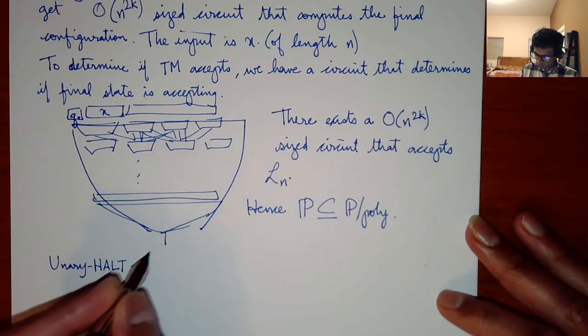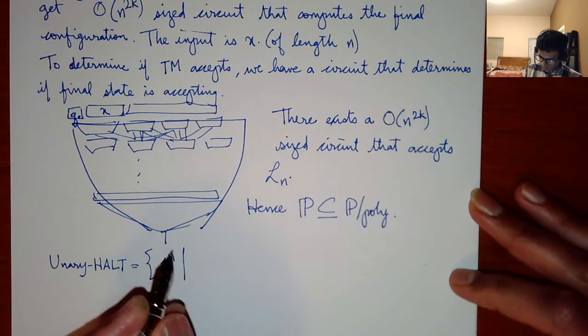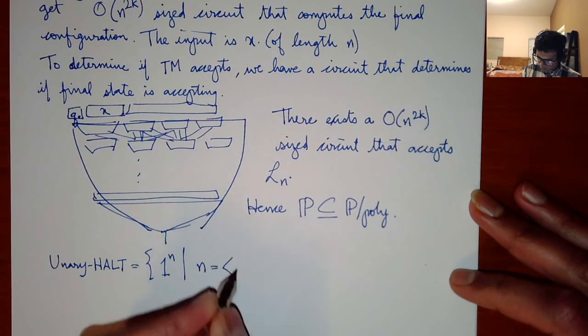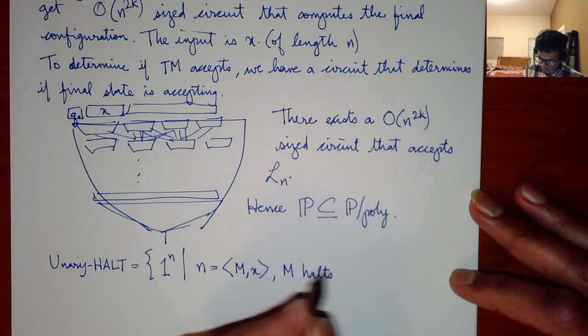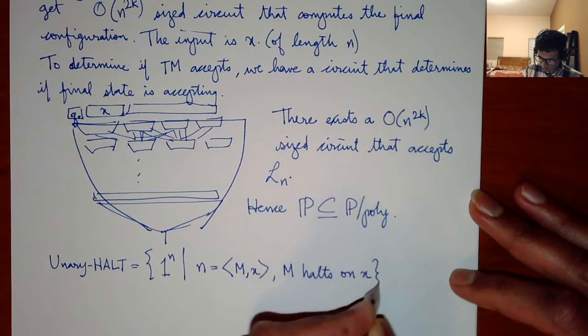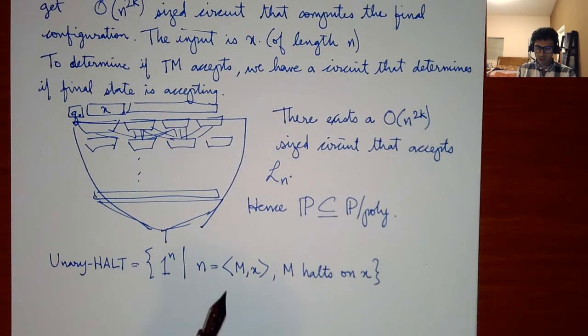Unary halt is the language 1 to the n, where n is equal to the encoding of M, x, where M halts on x. So this is a unary language. It's saying that we treat every instance of the halting problem as a non-negative integer, and then consider the language where you encode that in unary as opposed to binary. So this is unary halt.